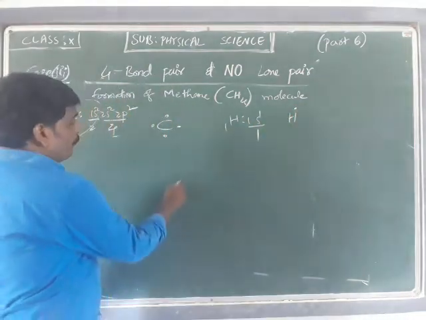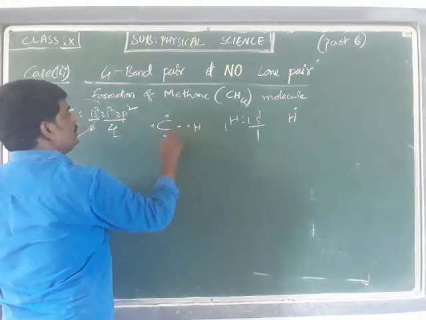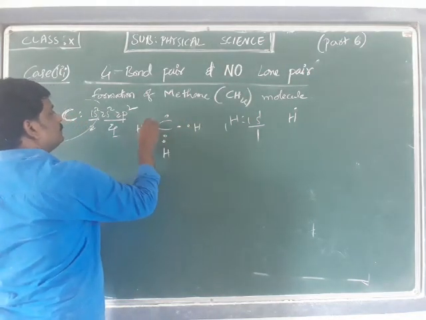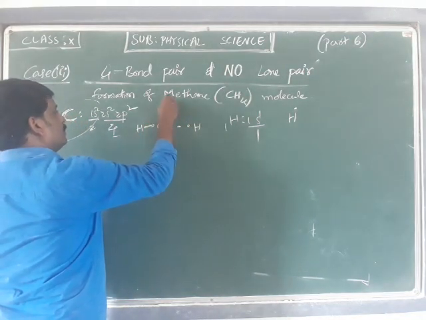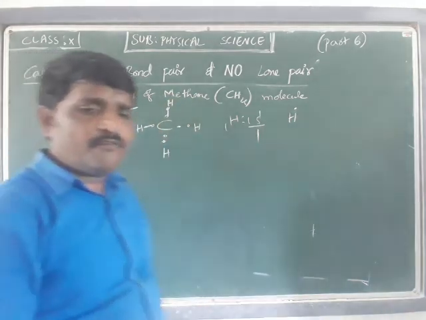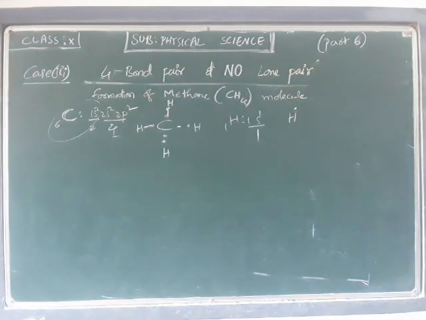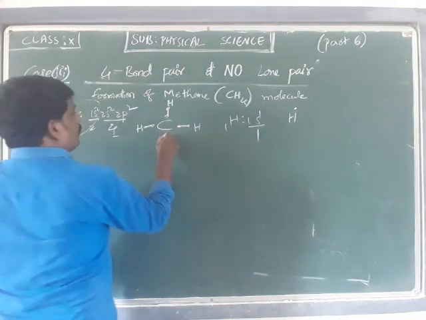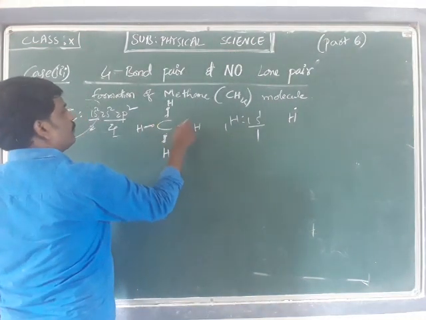That means the electrons of 4 hydrogens are mutually shared with carbon, and to give the octet, see 1, 2, 3, 4, 5, 6, 7, 8.